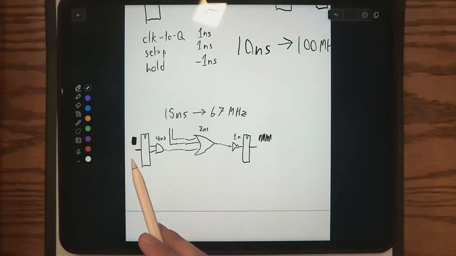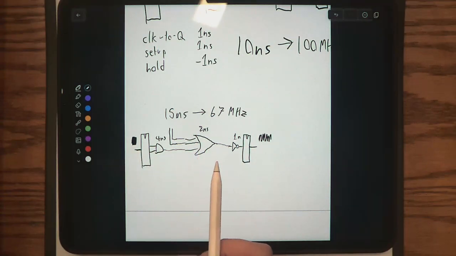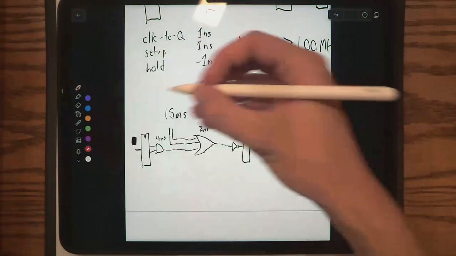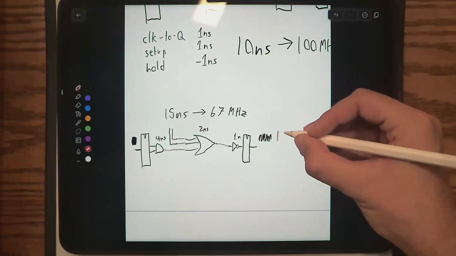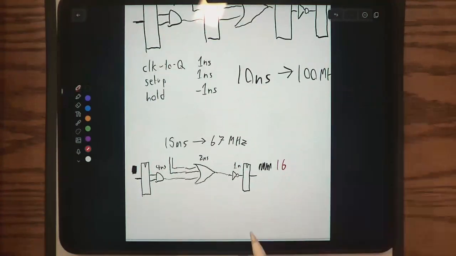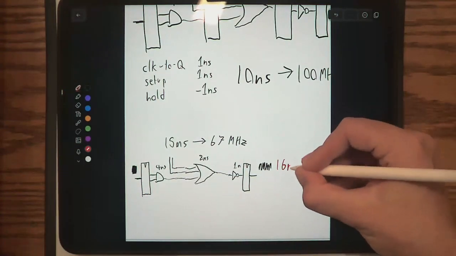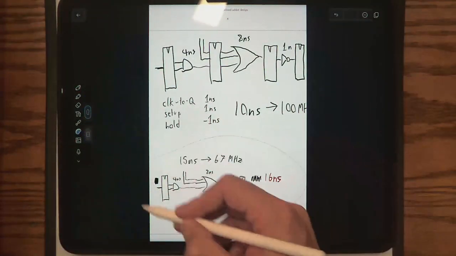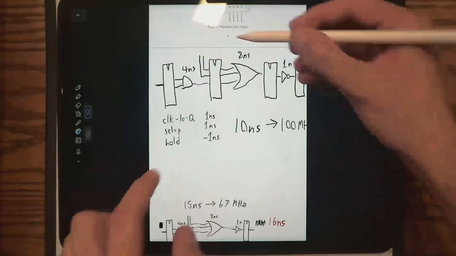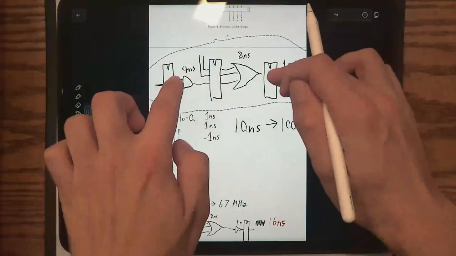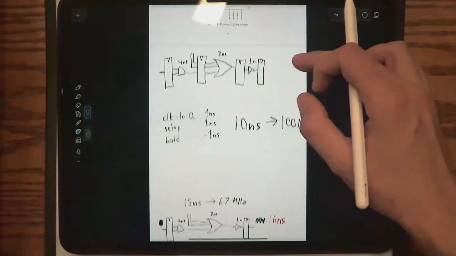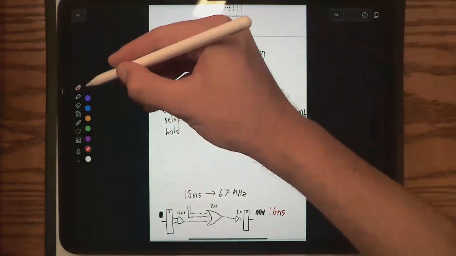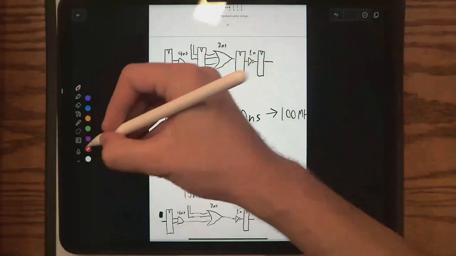Yeah, so it'd be 15, but then we would also probably account for the clock to Q. So maybe right here we could say that this takes 16 nanoseconds for the data to propagate all the way through. Which, if you remember over here, was 31 nanoseconds or something to propagate all the way through. So even though the clock frequency is running a little bit faster, the latency is almost double.